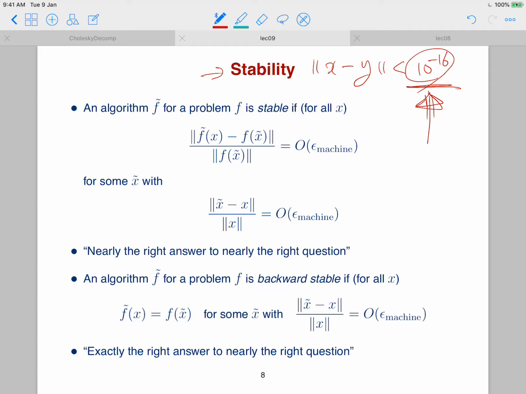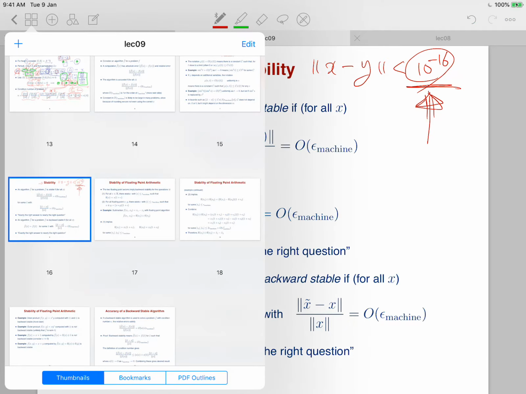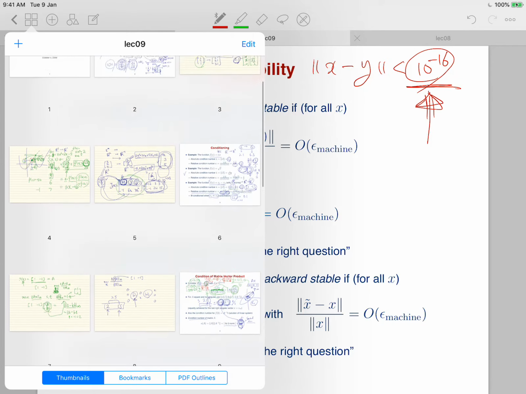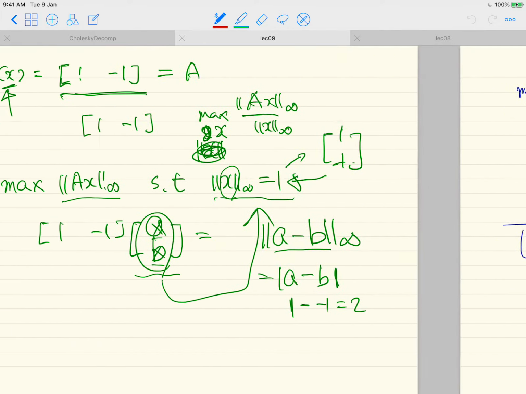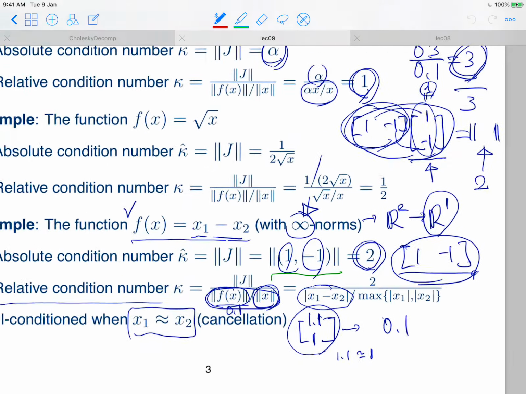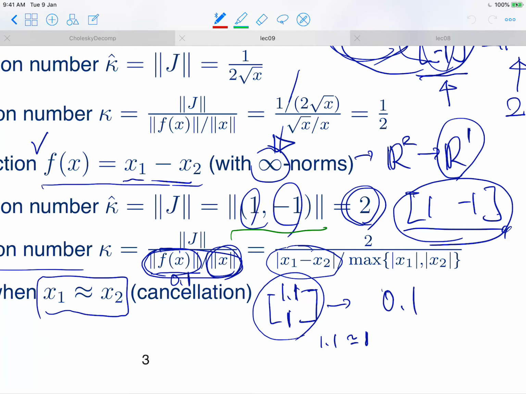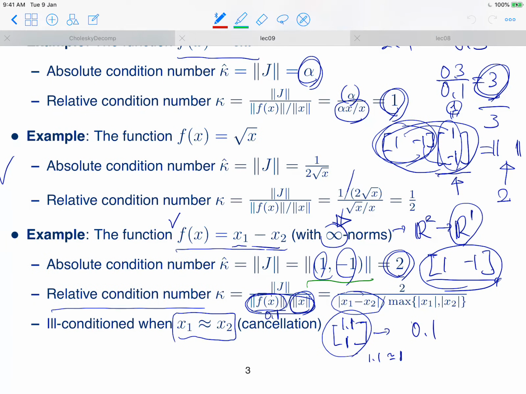Also, the computation becomes unstable for a particular input value. In this case, we saw the example of a really large relative condition number.